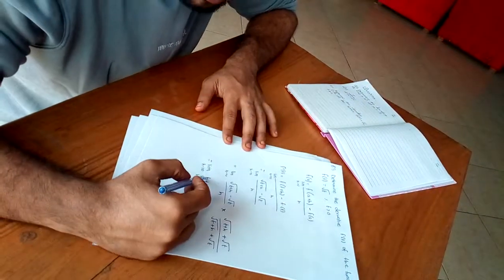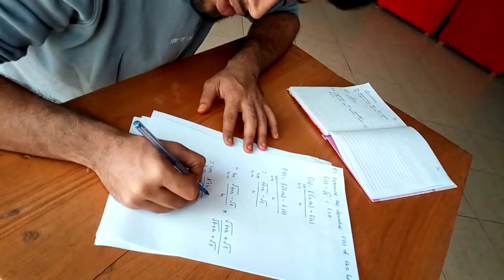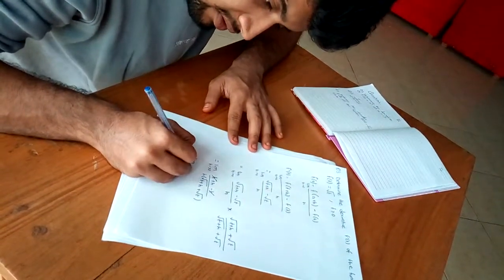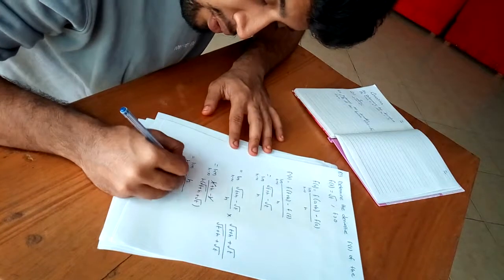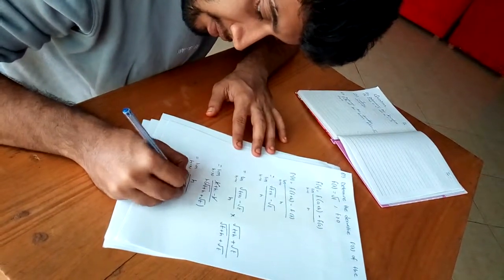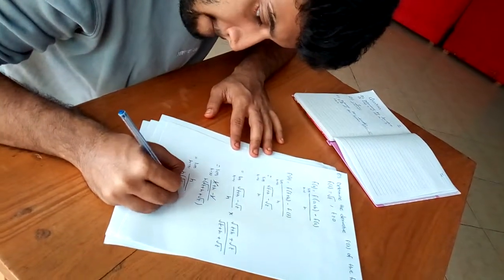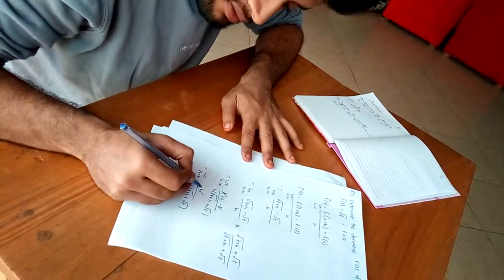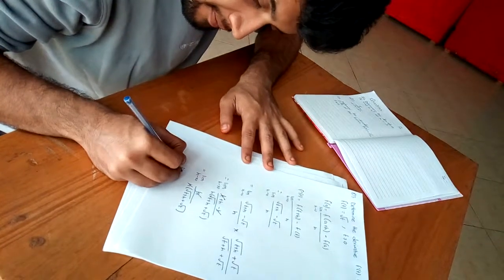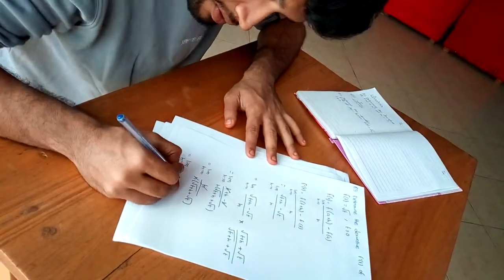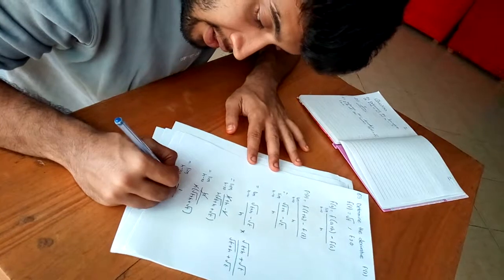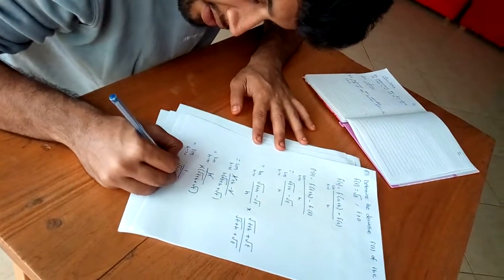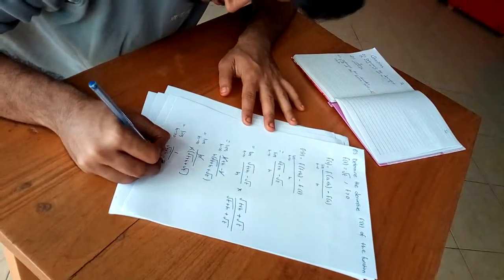Now you can see this is positive, this is negative, so this will cancel out with this one, so we'll be left with the limit as h goes to 0 of h over this. As you can see, this is the same, so this will cancel out with this one, and we'll be left with 1 over under root t plus h plus under root t.